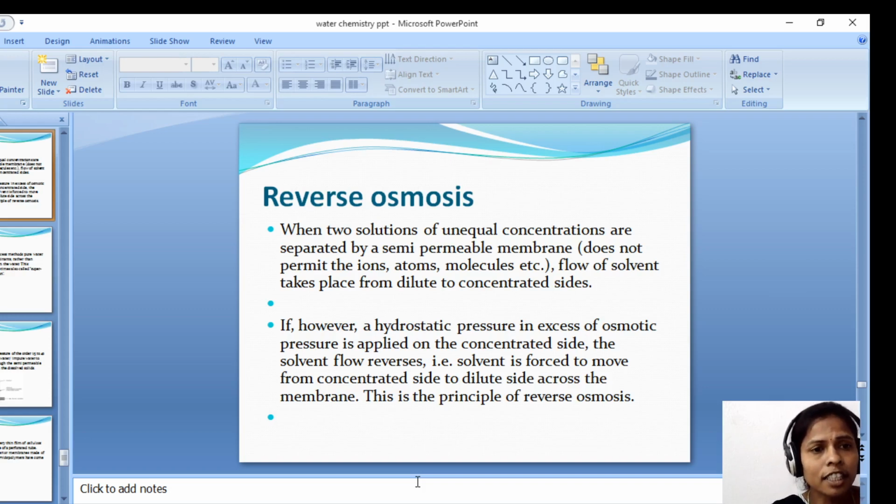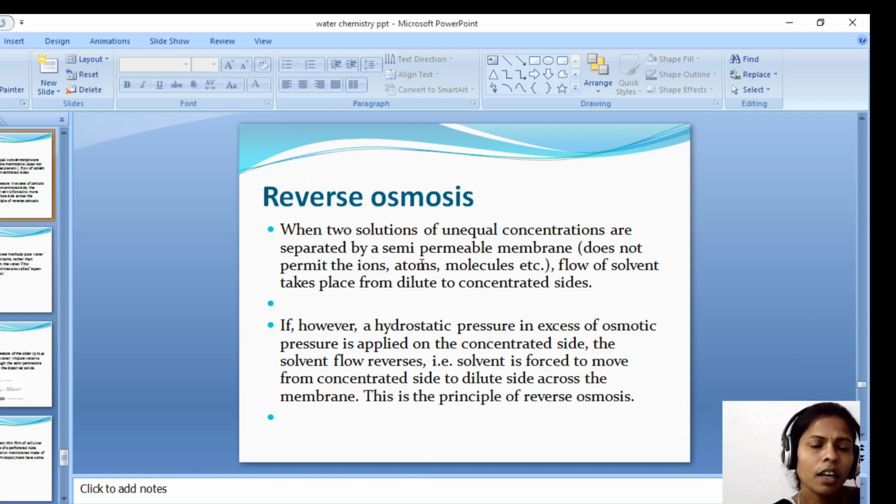In internal treatment, we have Calgon treatment and colloidal conditioning. Whereas in external treatment, we have three techniques: the reverse osmosis process, the ion exchange method and the zeolite process. We have already seen the ion exchange process in the previous class, so today I am going to explain the reverse osmosis process and the zeolite process.